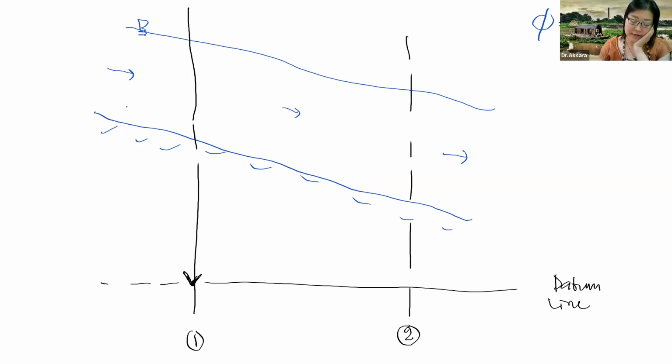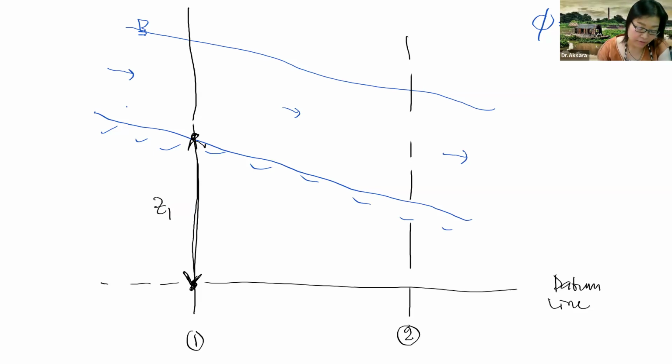So the elevation head is the measure from the datum line to the bottom of the channel in cross section 1. At cross section 1 here, this is Z1. That is the measurement from the datum line to the bottom of the river.